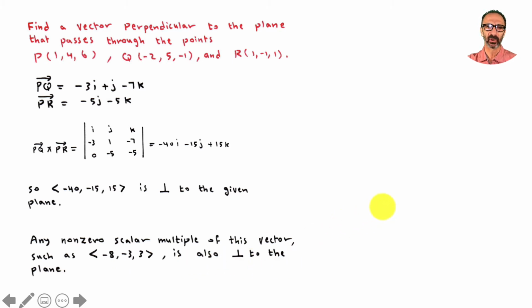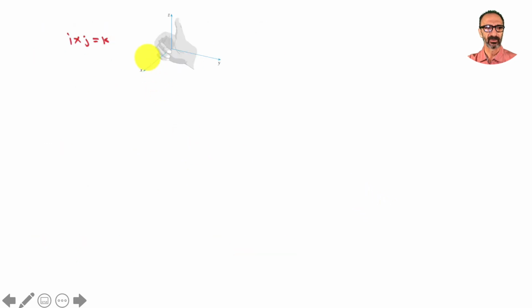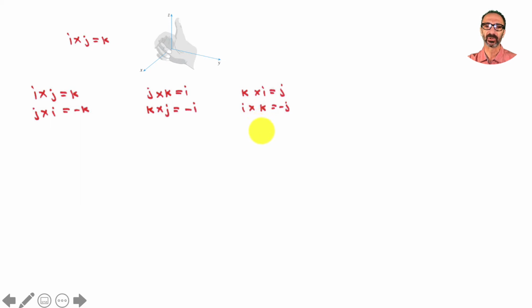Here are some quick notes. We know that when you go this way, i cross j will take you to k. There is more than that. If you take your time and look at it, sometimes it's a little bit hard to think backwards on the other directions of x, y, and z, but I have them listed for you. You could just give it a try. The cross product is not commutative. It makes sense. x cross y will give you direction in z.